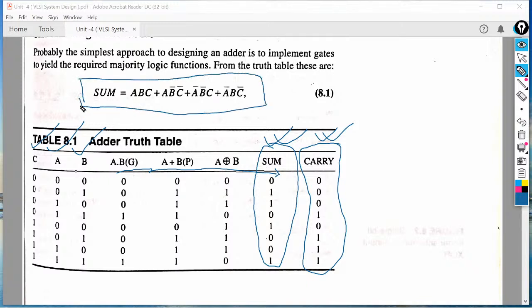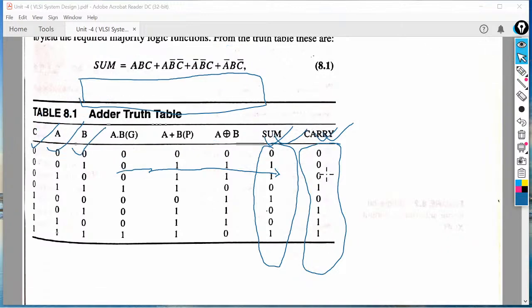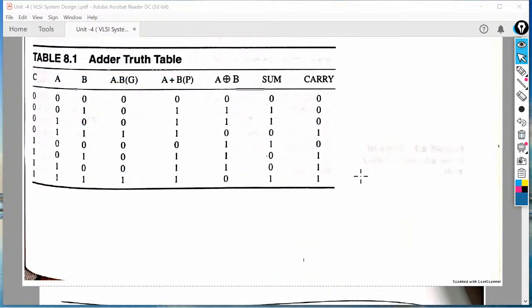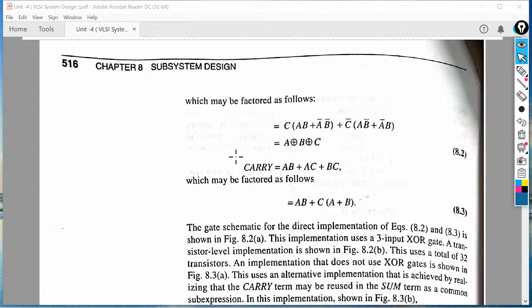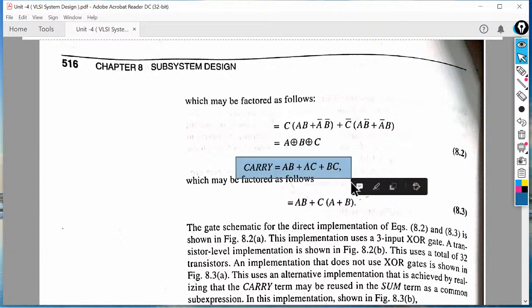we represent the Boolean expression such as sum equals abc plus a b' c' plus a' b' c plus a' b c'. In the same way we will get the value of the carry function also. Carry equals ab plus bc plus ca.